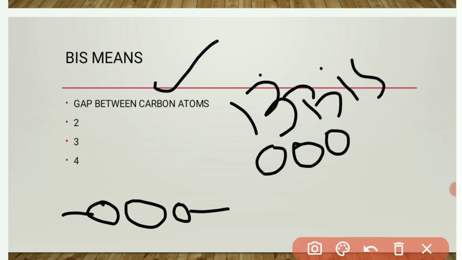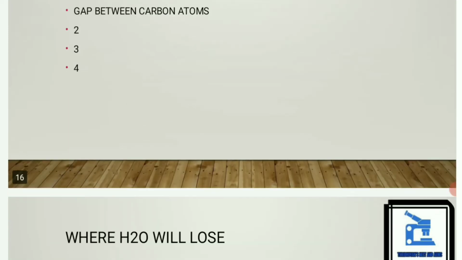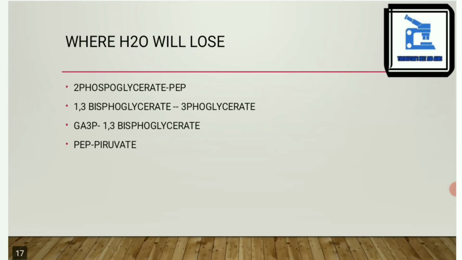This is the meaning of bisphosphate, a gap between carbon atoms. H2O is lost when 2-phosphoglycerate is converted to phosphoenol pyruvate.